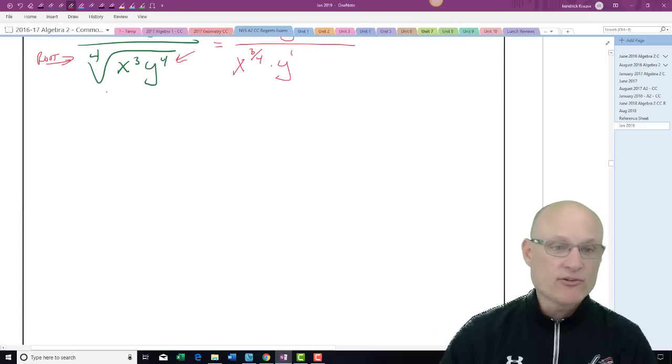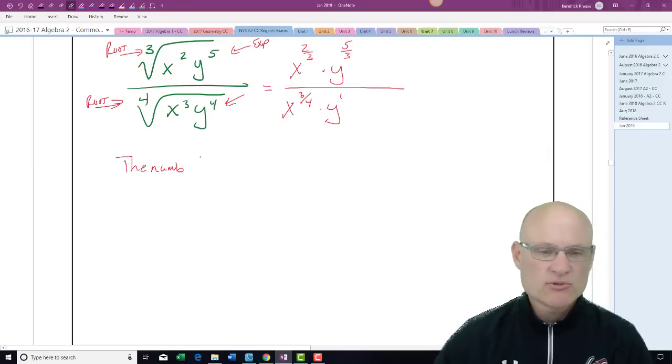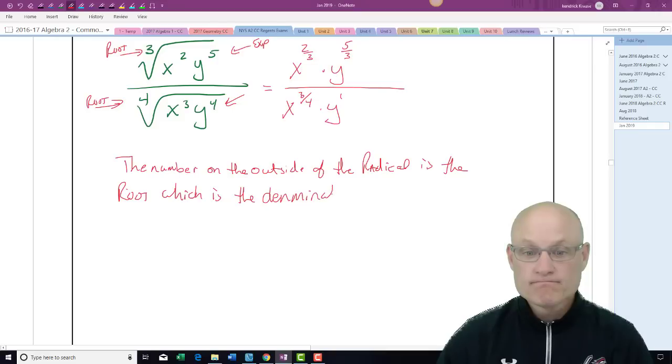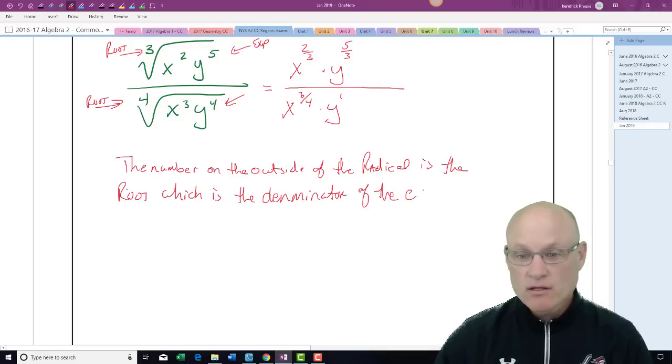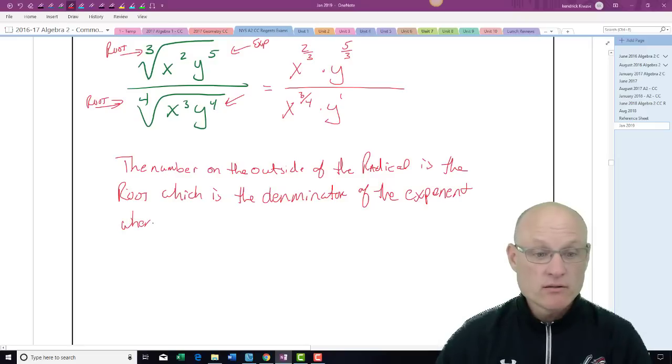Now, I'm going to write my first sentences. The number, try to write neater, the number on the outside of the radical is the root, which is the denominator of the exponent when written as a rational number.